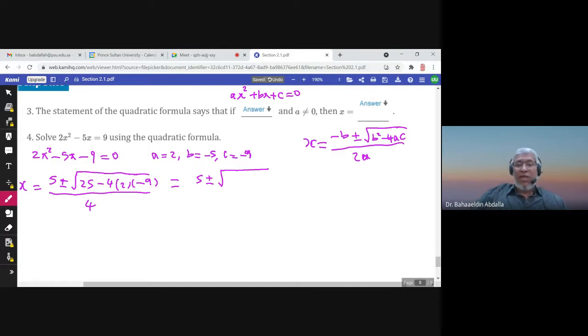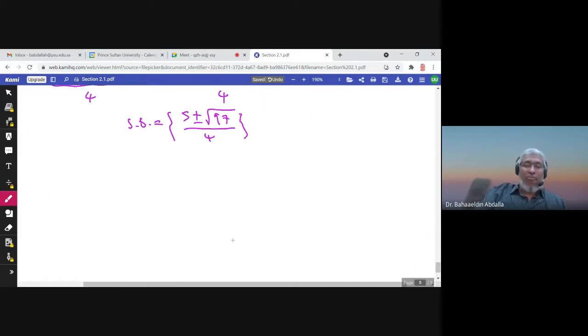You will get 97. 97 has no integer square root. So the two solutions of this equation are 5 plus or minus the square root of 97, over 4.